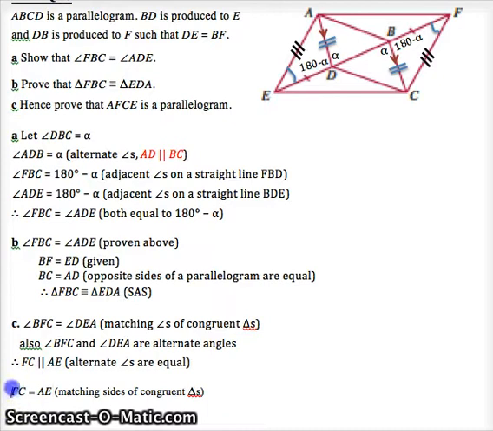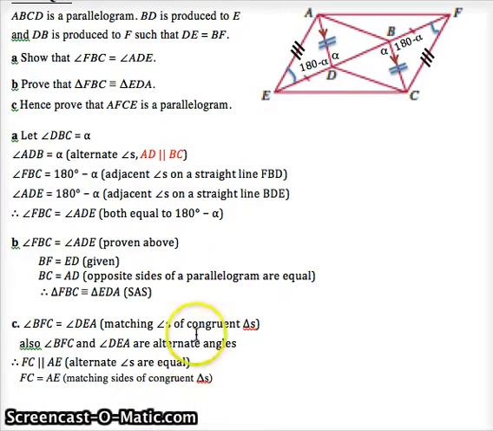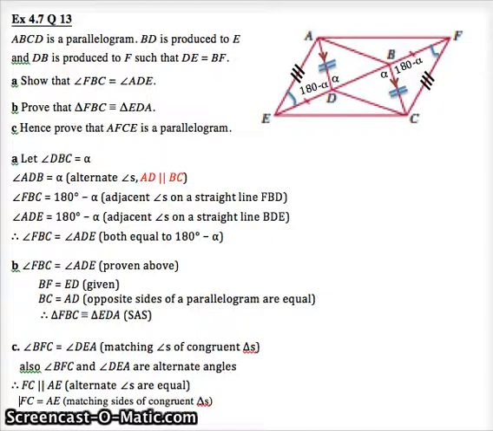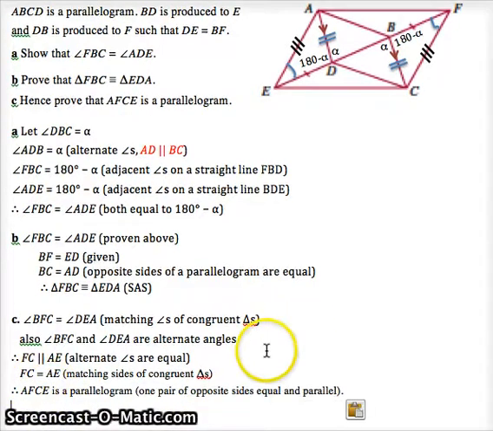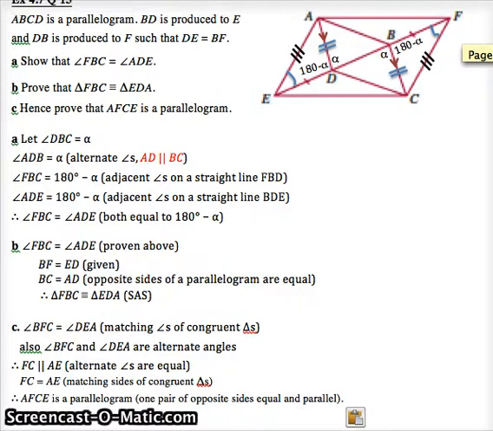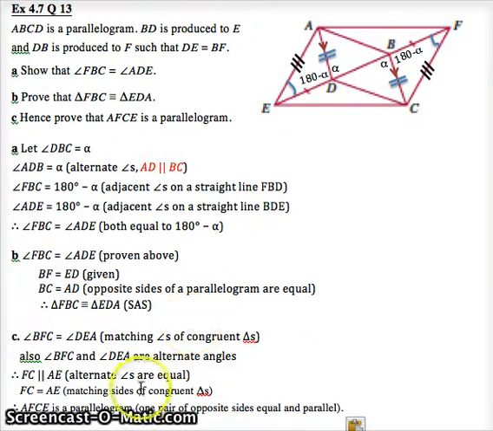We've got that FC is equal to AE because they are matching sides of congruent triangles. Therefore, that is enough to prove that we have a parallelogram. So our final line, we can just say that, therefore, AFCE is a parallelogram because we have one pair of opposite sides that are equal and parallel. And that is the end of the proof.